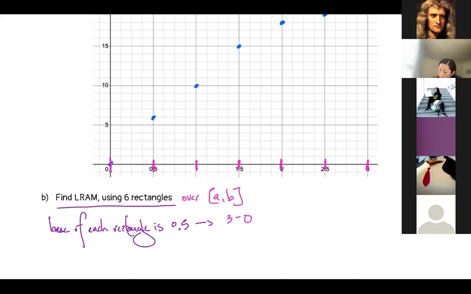So I'm doing 3 minus 0. Then I take that distance and cut it into 6 equal pieces. And look at what we get: 3 over 6, or 1/2.